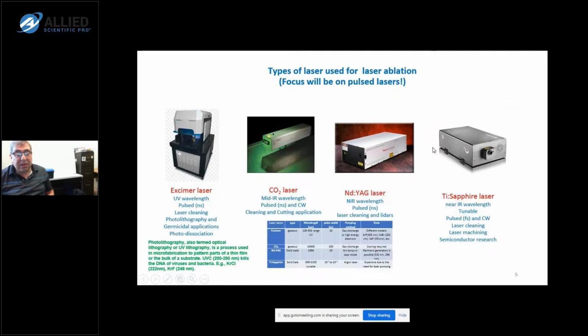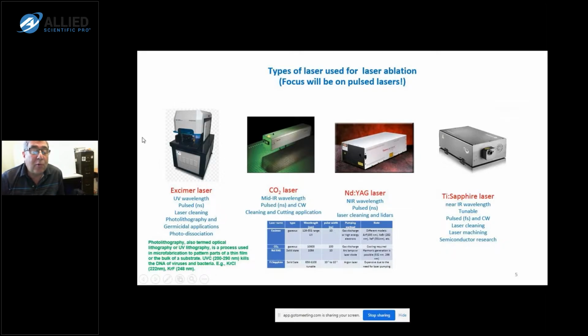So these are some of the lasers that are used for laser cleaning and ablation. Starting from the UV laser, the excimer laser is shown here, and you can see that this is not actually meant for field use. It's more for lab use. It's not rugged.